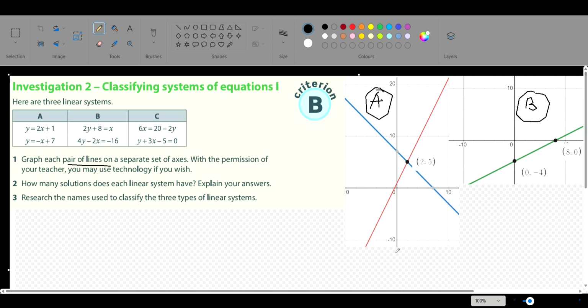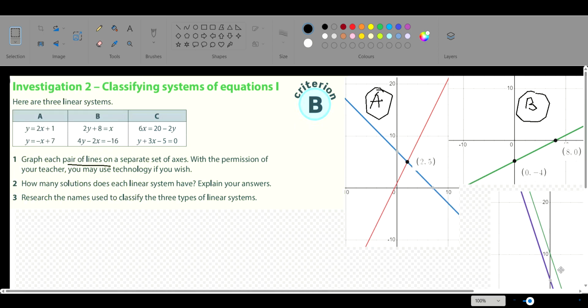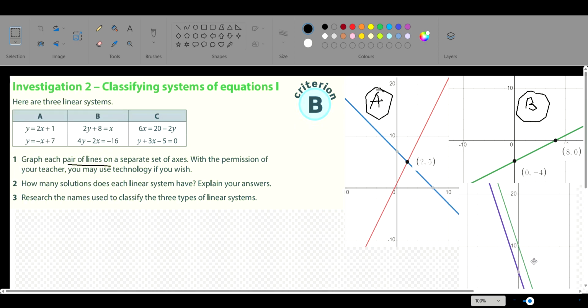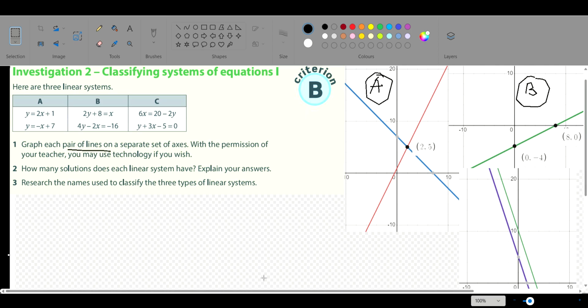What happens with the third scenario? Yes, so it means it has no common point of intersection, right? There is no solution for that.